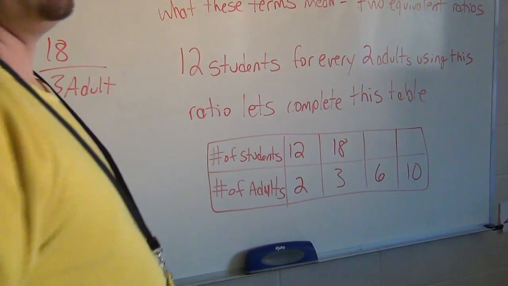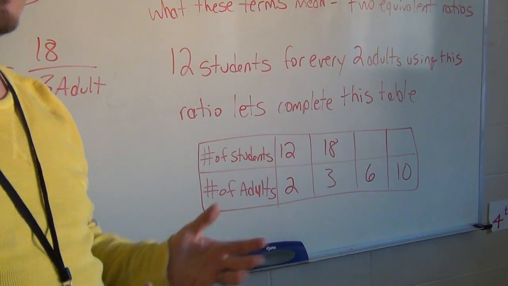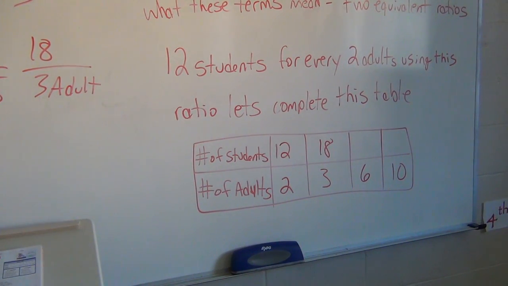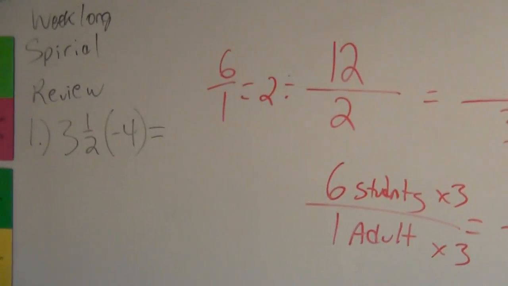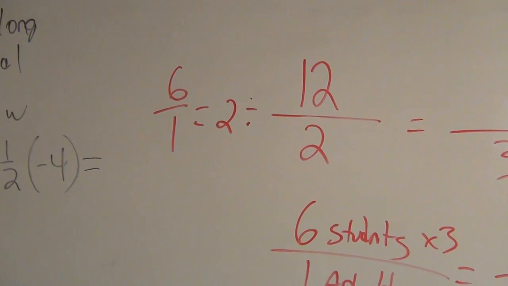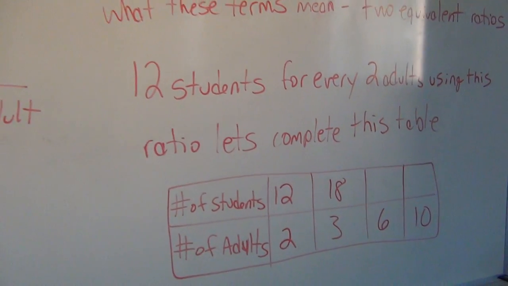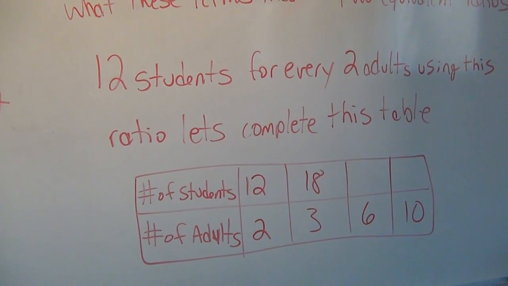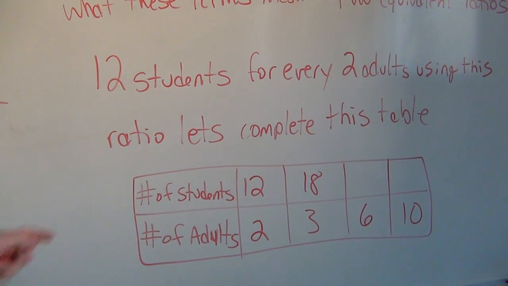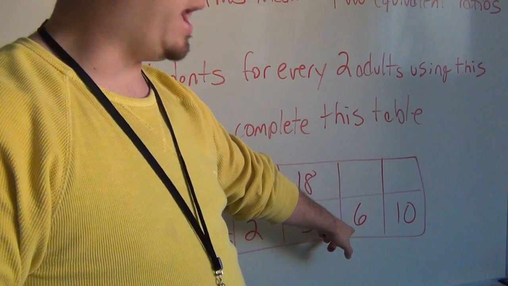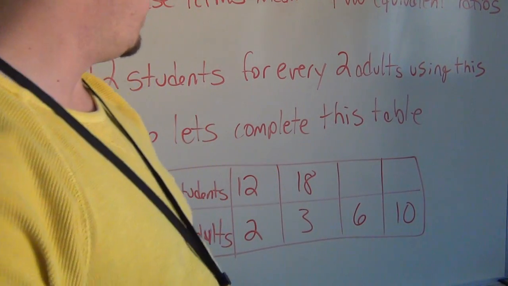Well, now this should become pretty simple for me. If I know my unit rate, if I know that it only takes 1 adult to get me 6 kids, then when I go back to my table, I'm going to take my single block of information, my single unit, and use that to figure out how many kids are going to go if I have 6 adults going.